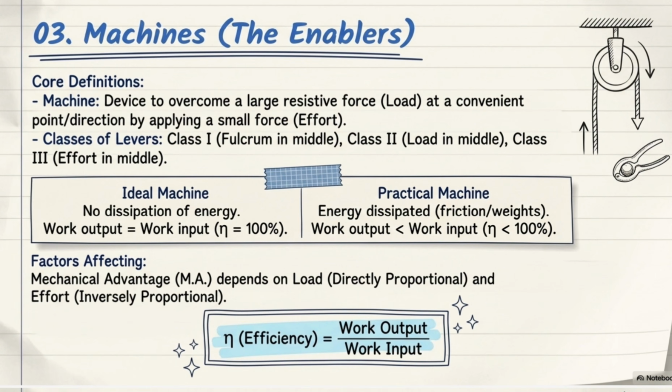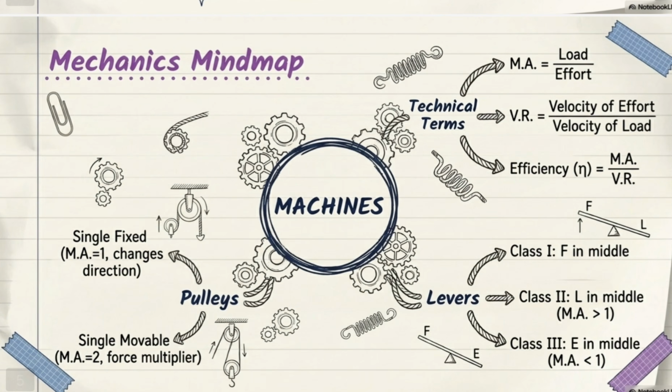Mechanical advantage equals load divided by effort. Velocity ratio is the ratio of distance moved by effort to the distance moved by load. Efficiency tells us how effective a machine is. Efficiency equals output work divided by input work. For practical machines, efficiency is always less than 100%.